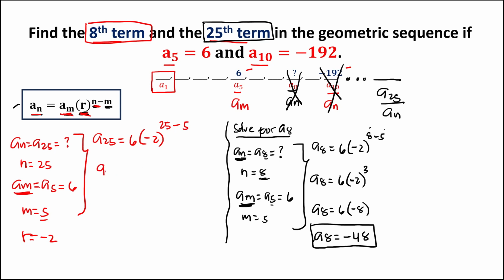So this becomes a sub 25 equals 6 times negative 2 to the power 20. That's 25 minus 5. Then we have a sub 25 equals 6 times negative 2 to the power 20.